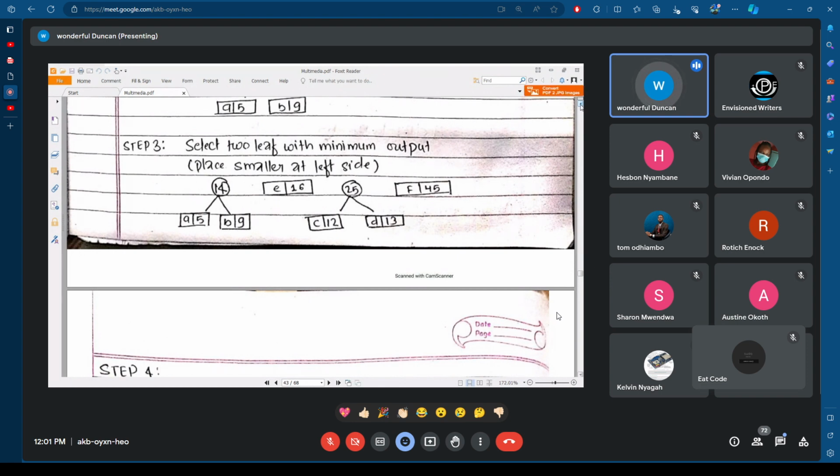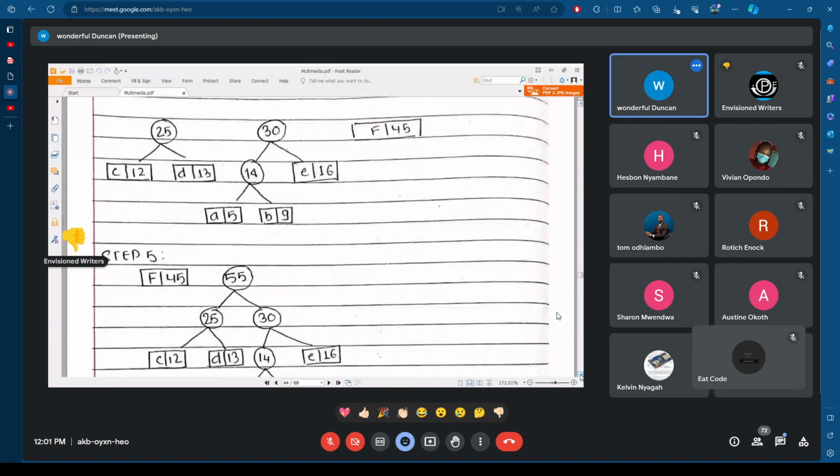It comes like this. 14 and 16 is 30. So 30 will be between 25 and 45, since it is bigger than 25. So we are going to have it like this.